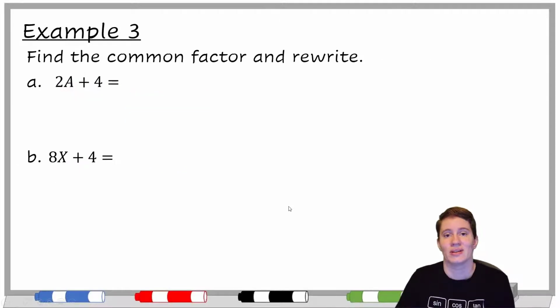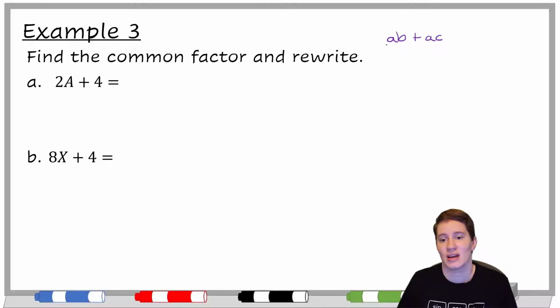Now, let's think about this backwards, because what's happening with the distributive property is that we've got an answer that looks like AB plus AC, but they have a common thing because of us distributing it.